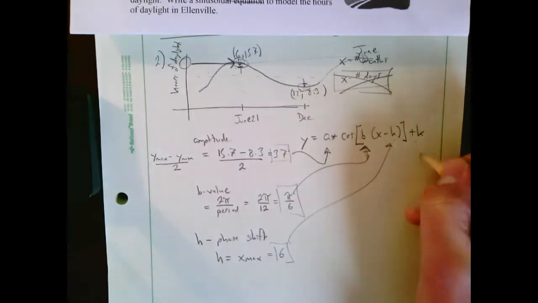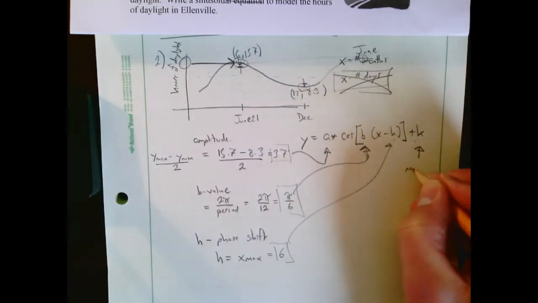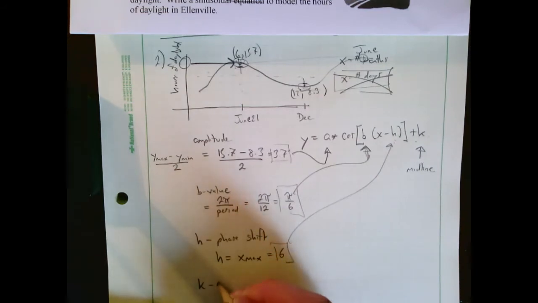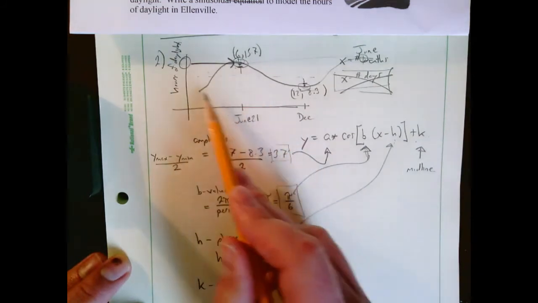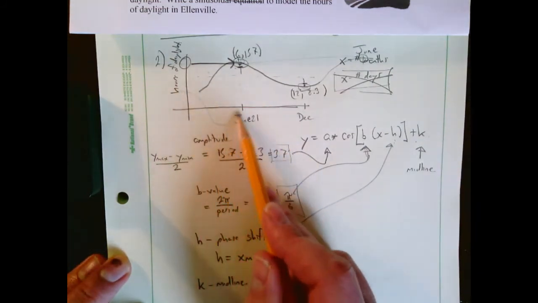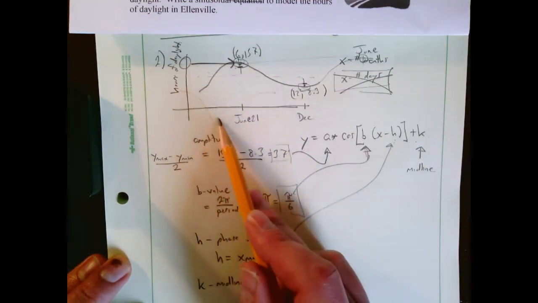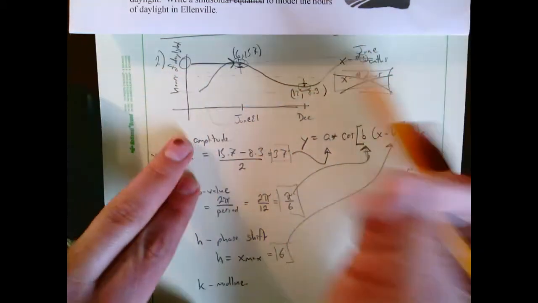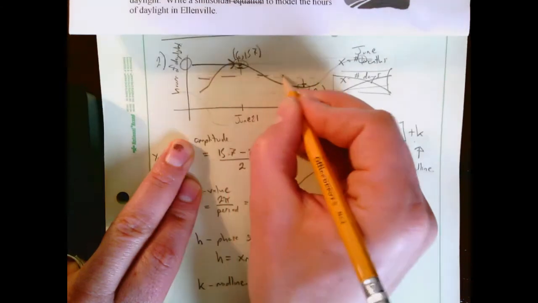All right, K. K is your midline. Normally, your cosine function goes above and below at the same amounts. This one, the whole thing has been shifted up. So I need to know, what is this line that's my middle?